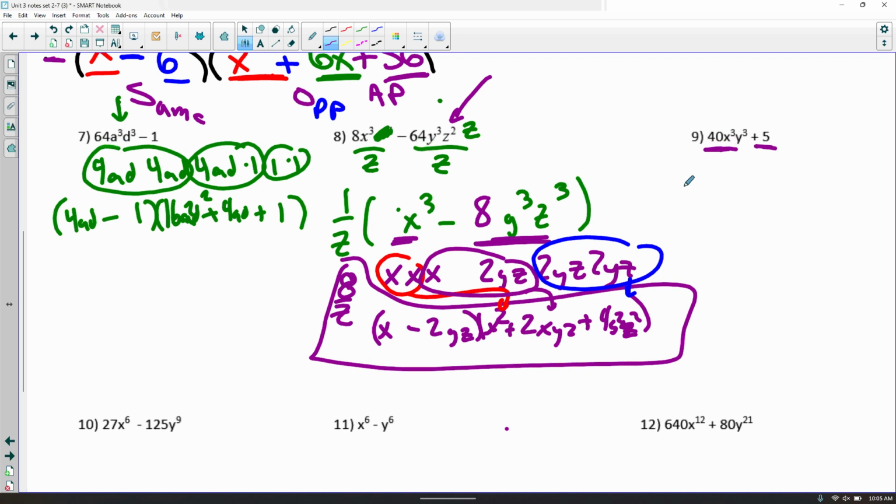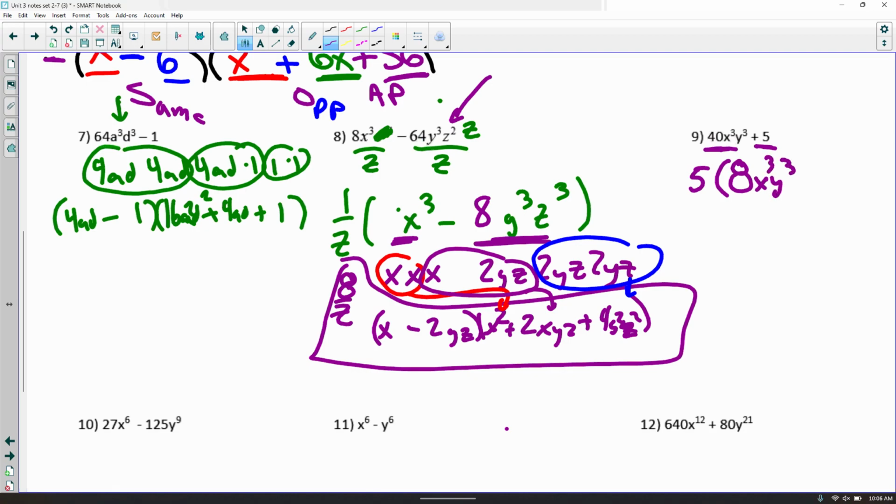Yeah, 5 goes into 40. So yank out a 5, and what are you left with? What number would go right here? 8. 5 times 8 is 40, right?